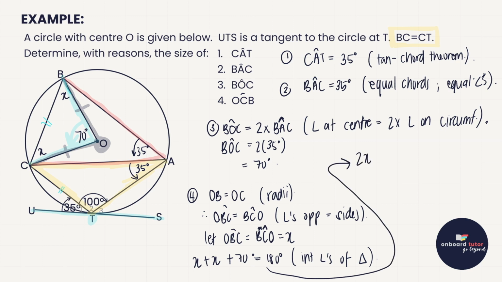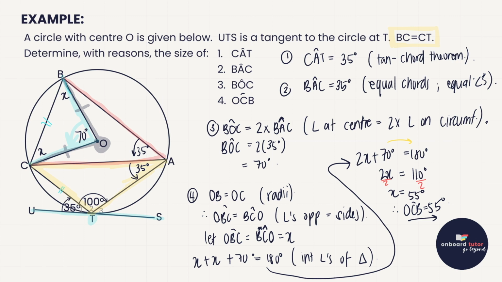So 2x plus 70 equals 180 degrees. 2x is equal to, let's take that 70 across, 180 minus 70, which is 110. And so x equals half of that, because we'll divide by 2. x equals 55 degrees. And so therefore OCB equals 55 degrees.